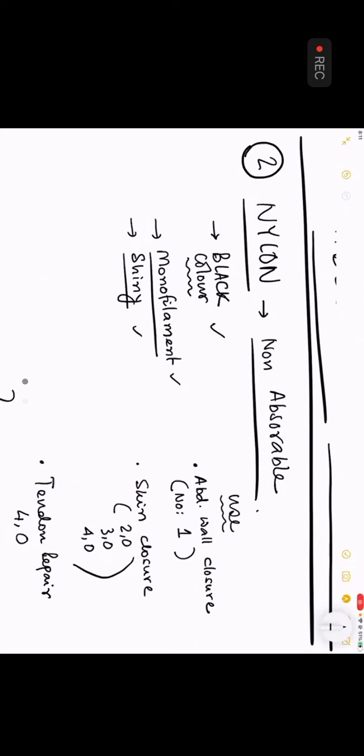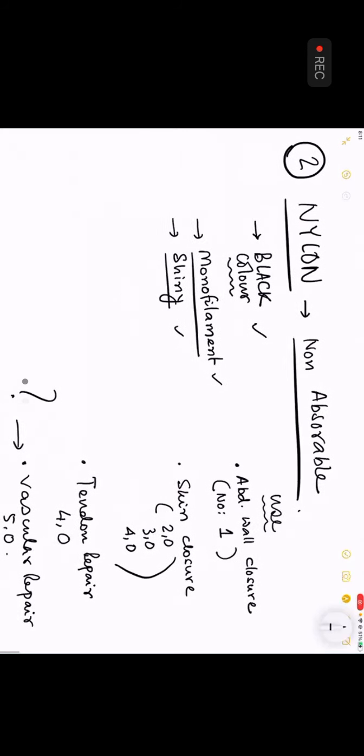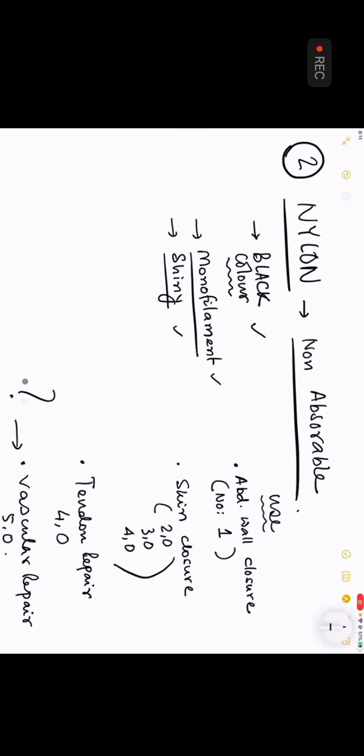But this is usually not preferred for a vascular repair. If you have not written this, no issues. This is non-absorbable, so there is no question about this to be used. Please tell me when you have completed writing.